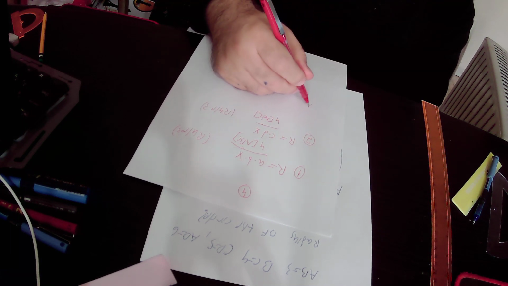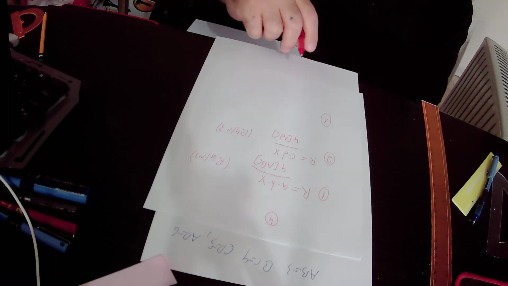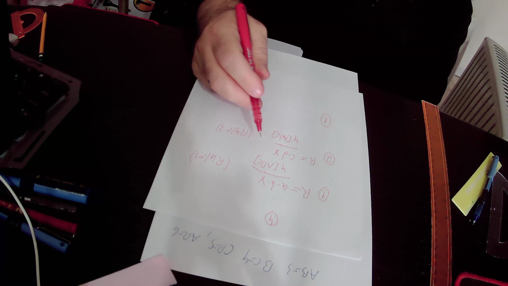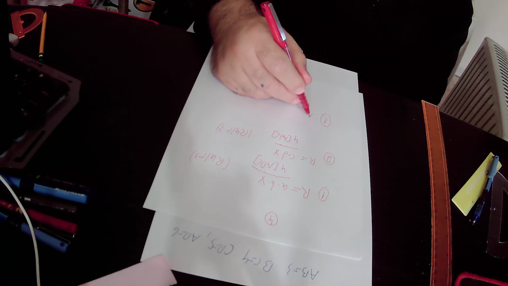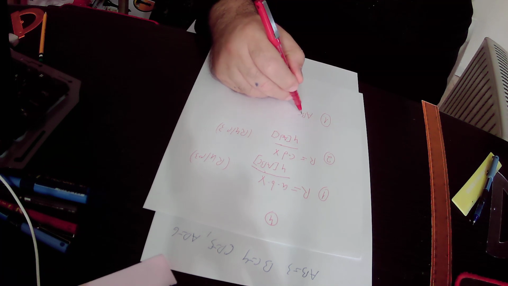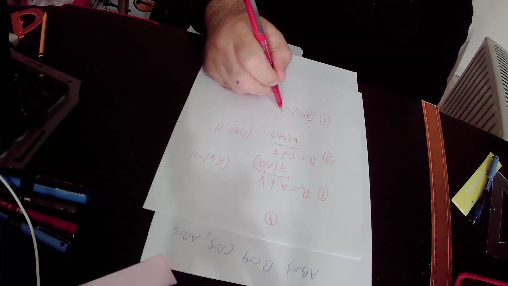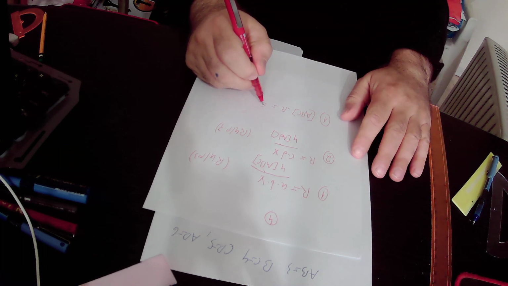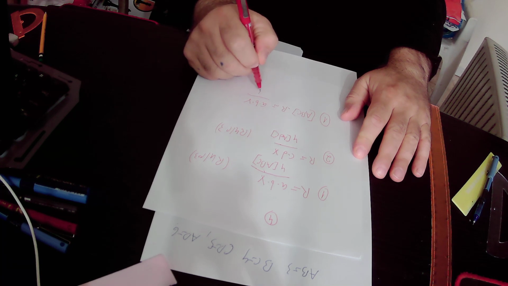According to equation number 1, we will multiply equation number 1 by the area of triangle ABC, and we will get the area of triangle ABC times the radius of the circle equals A times B times X over 4.